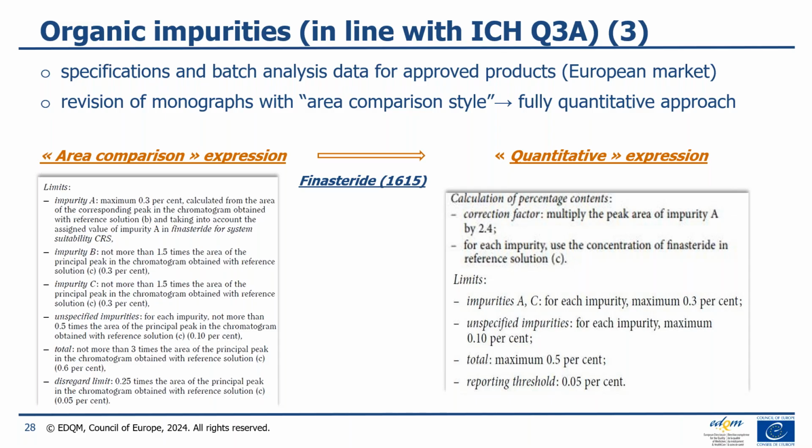In old-style monographs, you will find very often those limits expressed in area comparison style, while during revision of those monographs and during the elaboration of new monographs, we try to implement the quantitative expression. In area comparison expression, the users have to compare areas and report pass or fail results. In those cases, the numerical values given in brackets are only for information.